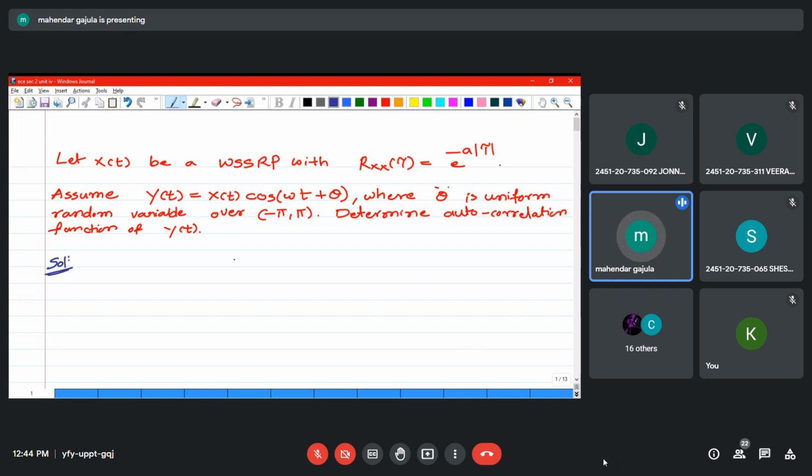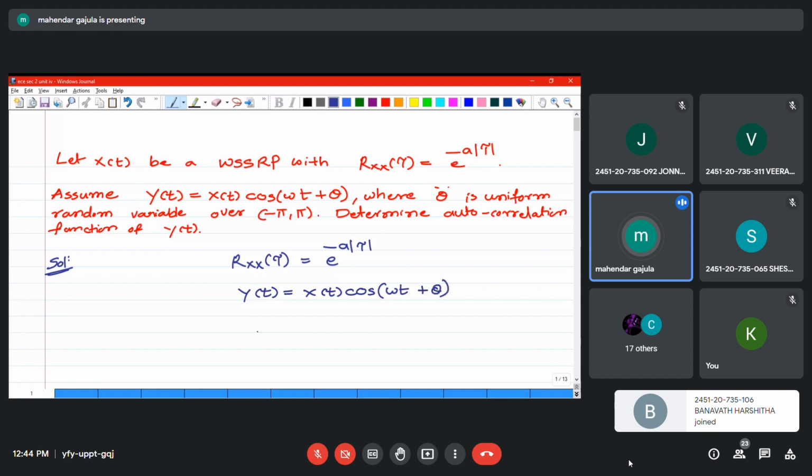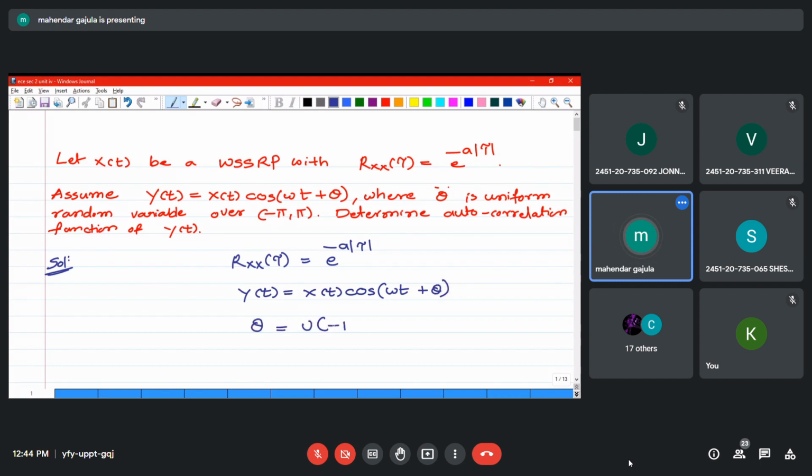So what is given here? The autocorrelation function of x(t) is given. It is e power minus a mod tau, and y(t) is given. It is x(t) times cos(omega t plus theta), where theta is a uniform random variable over minus pi to pi.